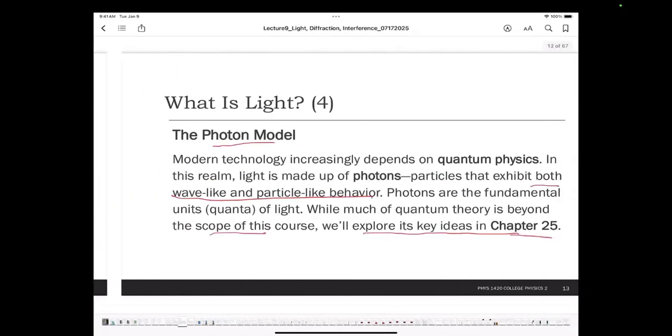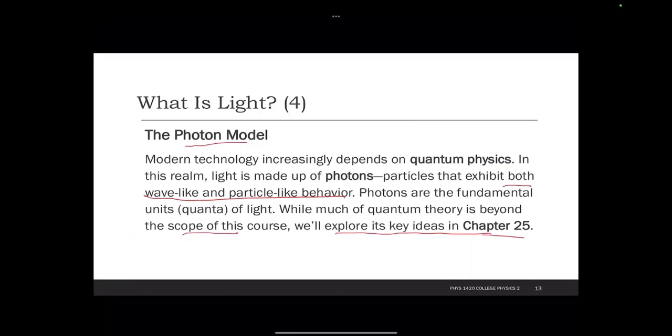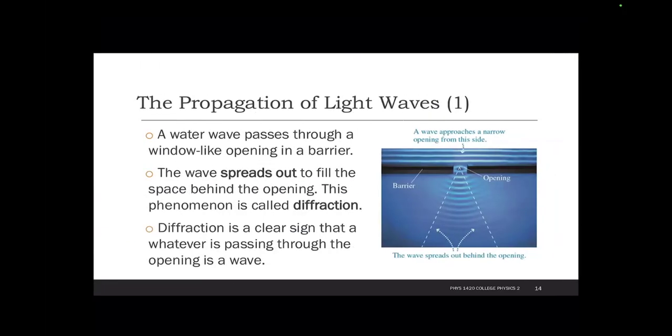Sometimes it expresses two different characters, wave-like and particle-like behavior, so we can explain some situations using both, which we call the photon model. We will talk about more in chapter 25.